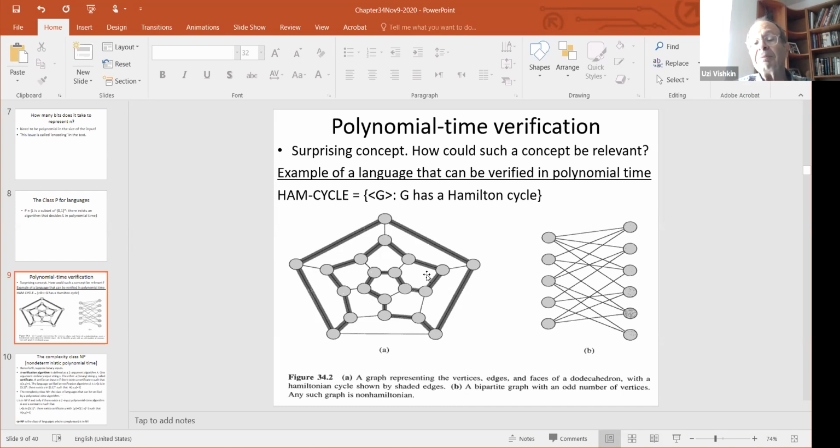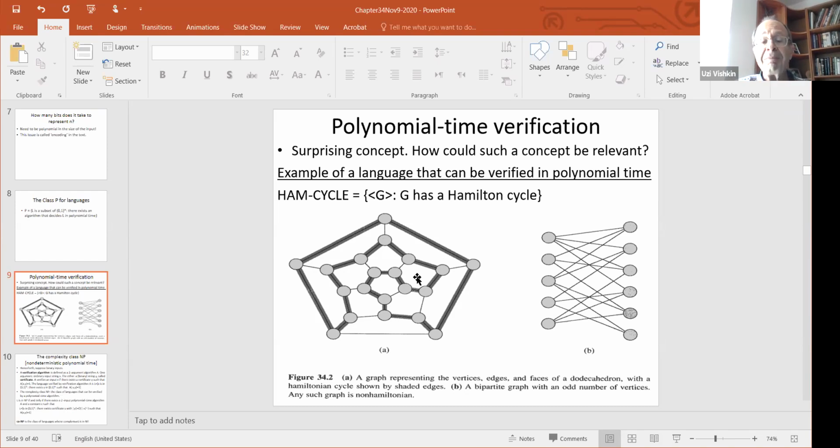Now, what will be a verification algorithm? It's an algorithm that if you give me a Hamilton cycle, or a cycle, or a path, if you will, you give me a path, I can verify that the path that you gave me is a Hamilton cycle. Is that clear?